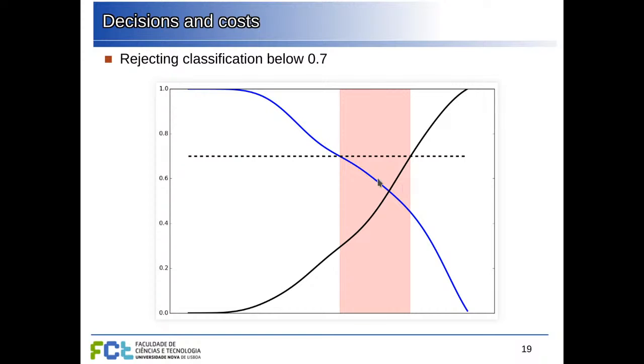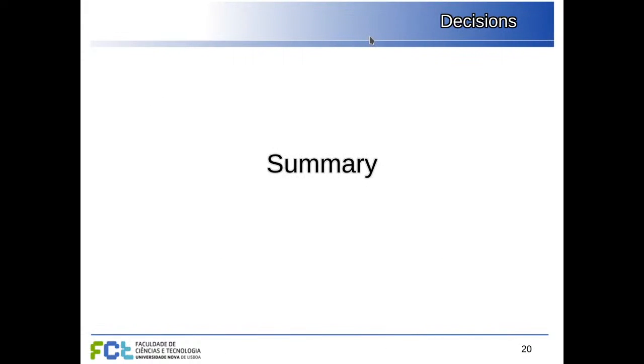We could have our classifier classify things as class 1 if they are in this region, as class 2 in this region. But if they fall in the middle, the classifier says, I'm not sure, so I don't give a classification, you decide, or something like that. So this would allow us to avoid some regions where the error may be more likely. And if we don't want to make mistakes, this could be an option.